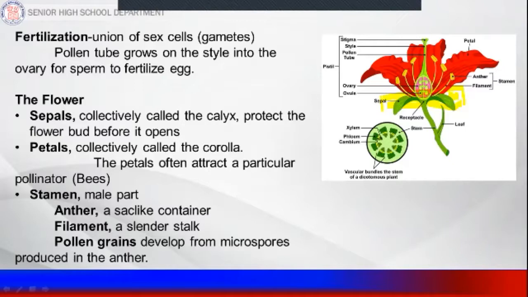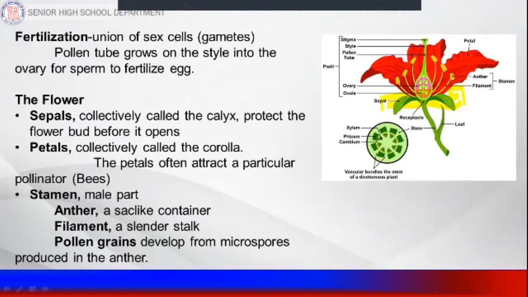And then we have the petals, collectively called the corolla. The petals often attract a particular pollinator. One significant function of petals is to attract the pollinators. What are pollinators? Pollinators are the insects that help in the pollination process.